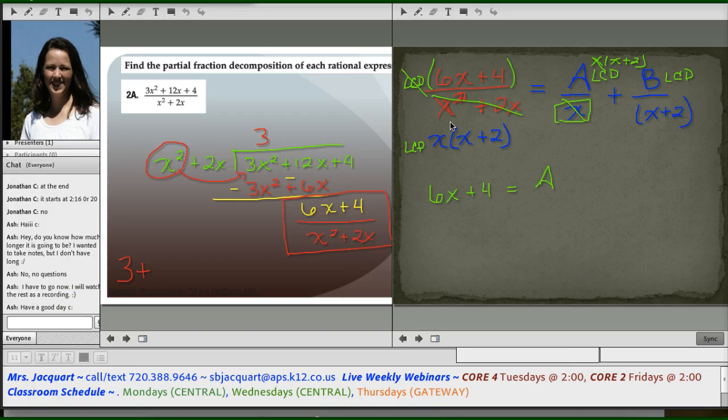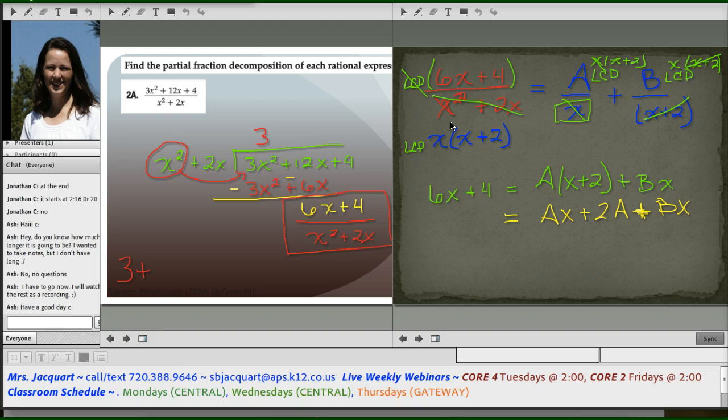That x will cancel, so this leaves me with a times x plus 2. And then the x plus 2 part will cancel, so this will be just plus b times x. I'm going to distribute, so I got ax plus 2a plus bx equals 6x plus 4.